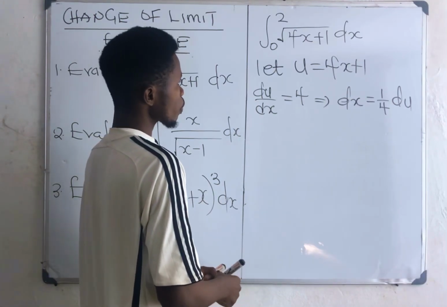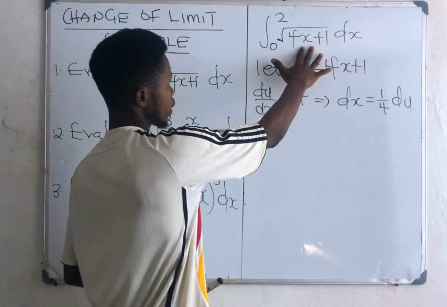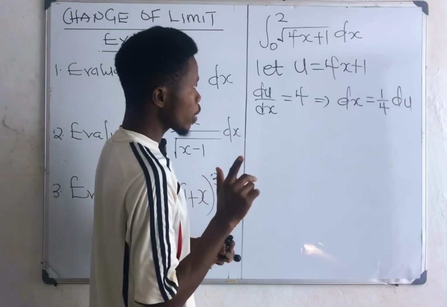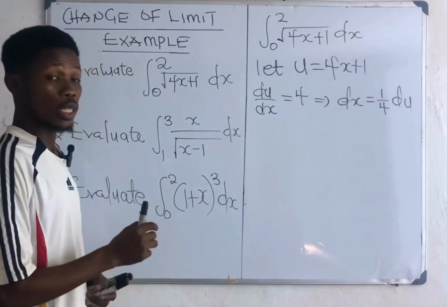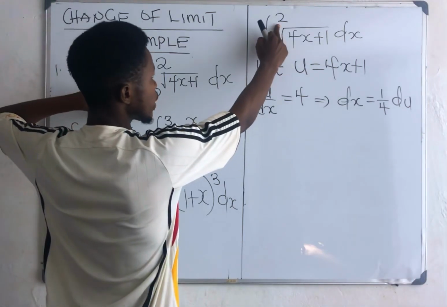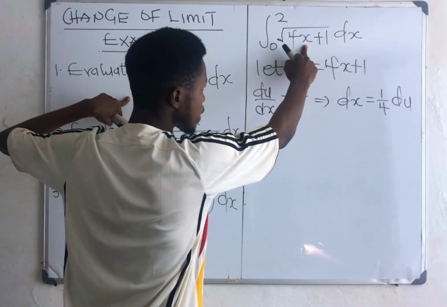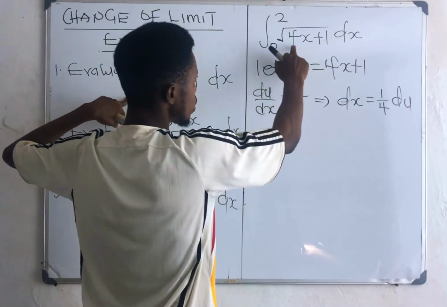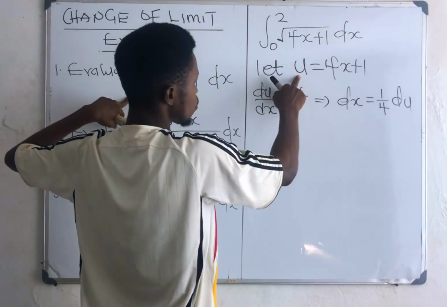Now, before I start, the reason why we are changing the subject is that the 0 and 2 here are for x. But now we are using u. So when I come under the square root, I'm going to put u there.